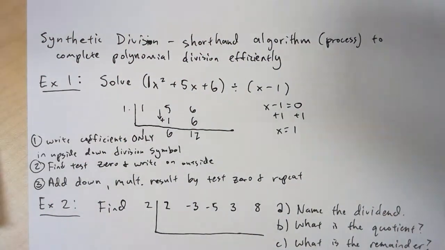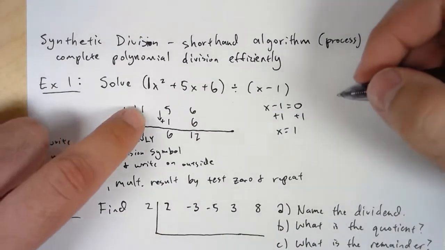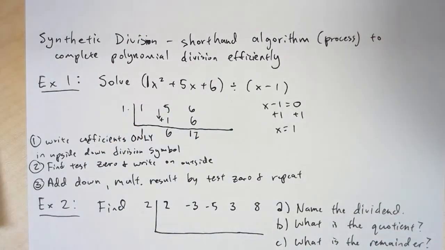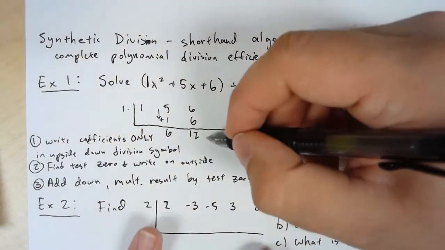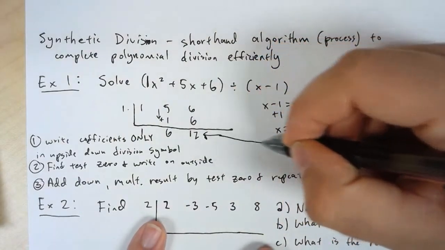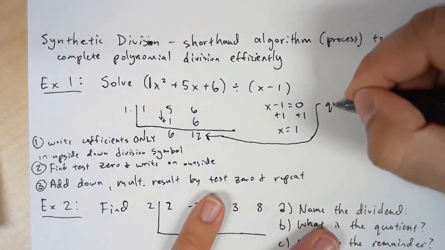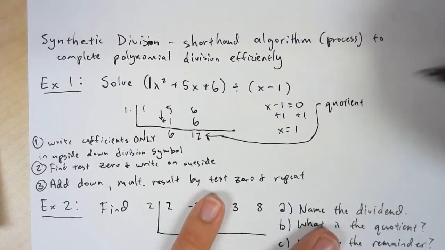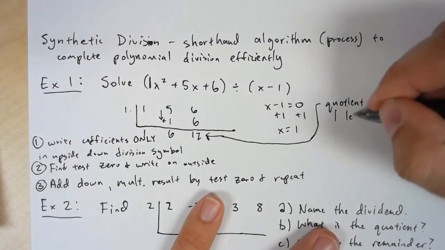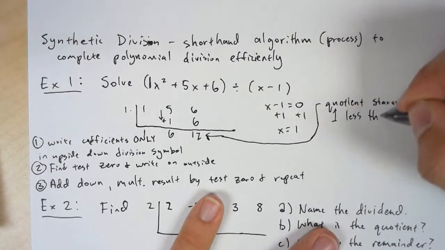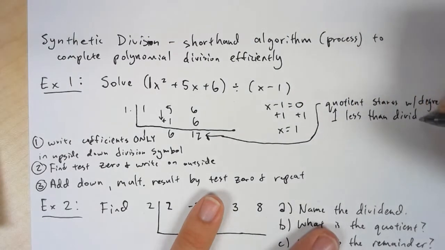So we know that we have 1x squared plus 5x plus 6. There are a couple of things to note about this last row. First off, your quotient always starts with a degree which is 1 less than the dividend.